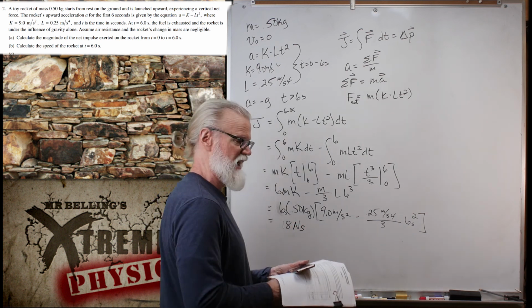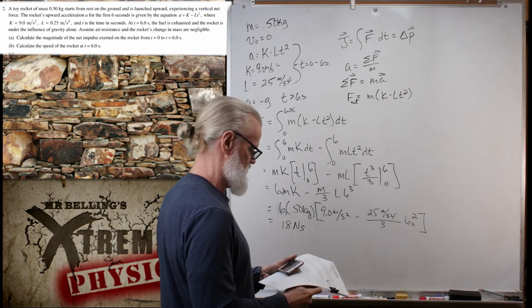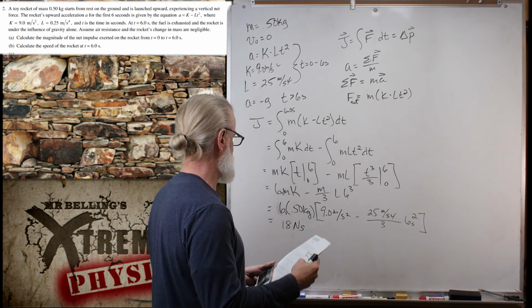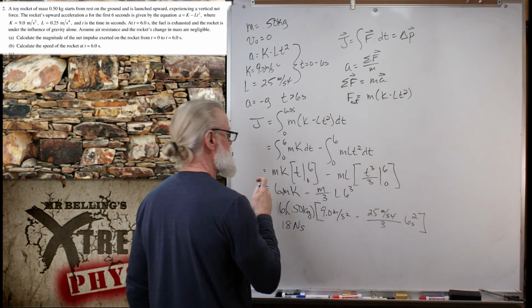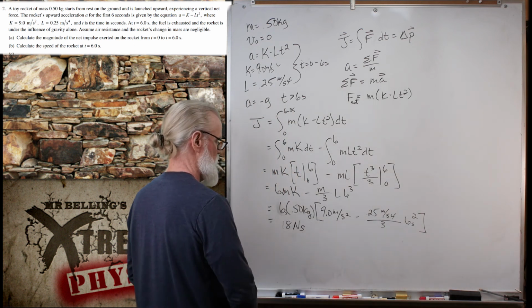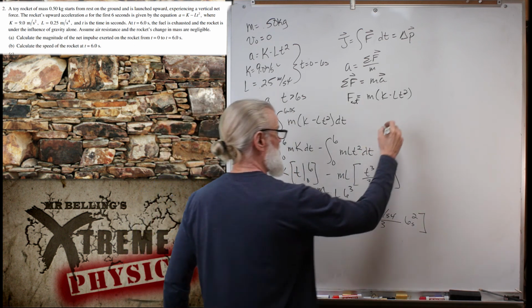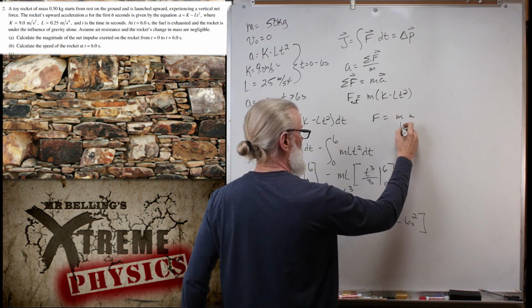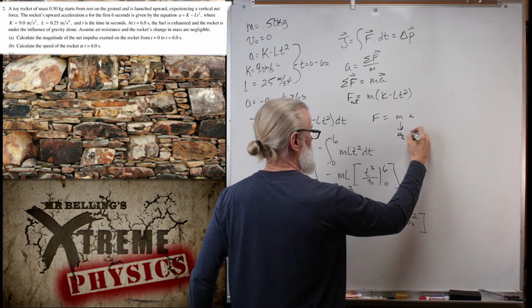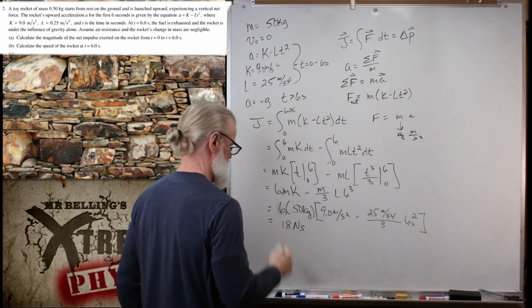Let's see if it is. I've been a little sloppy with my units here. Let's review. A newton, which is mass times acceleration, F equals ma, is a kilogram meter per second squared.